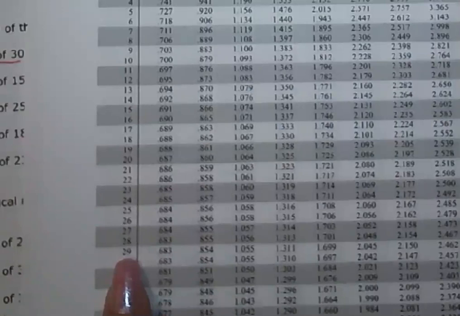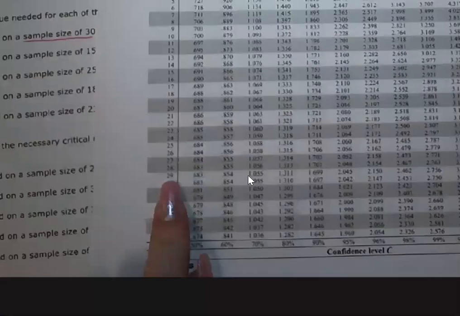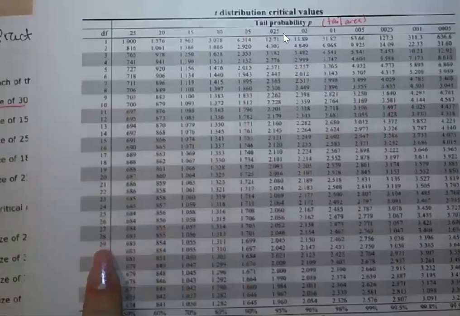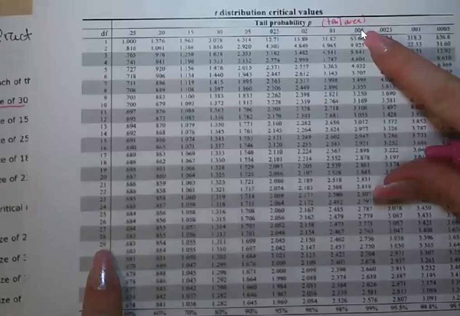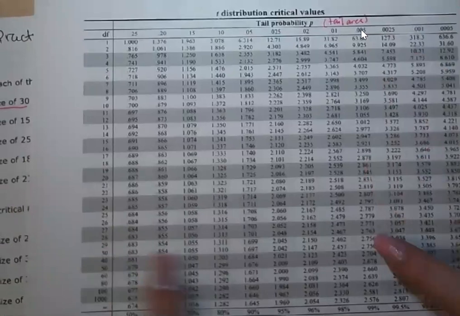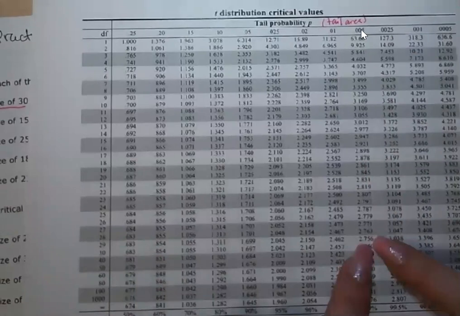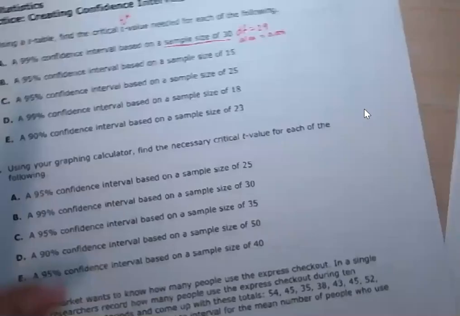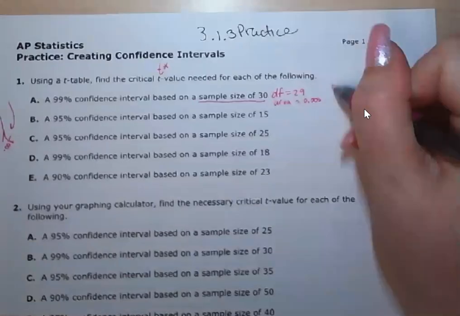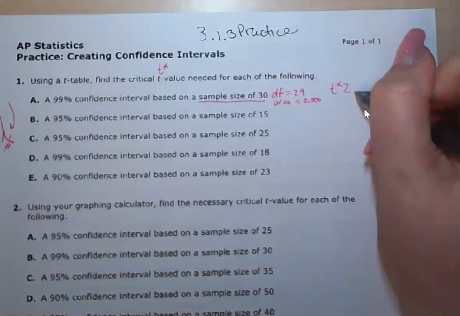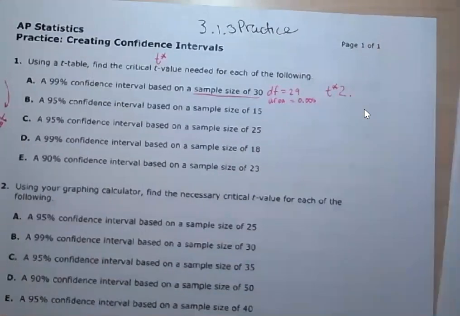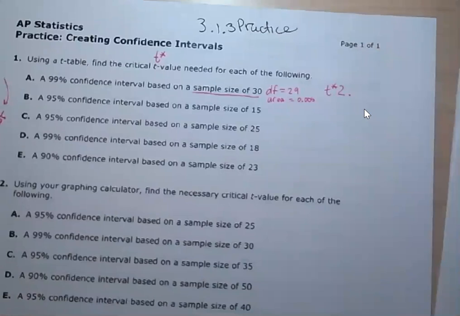So I'll zoom out. 0.005 is right here. And go down to where they meet. I get a critical t-value of 2.756. So I'll write that here. For this part A, t-star is 2.756.